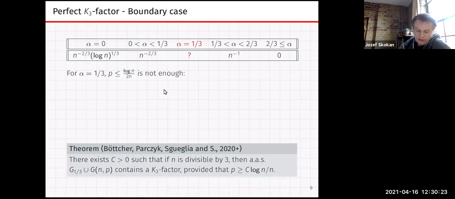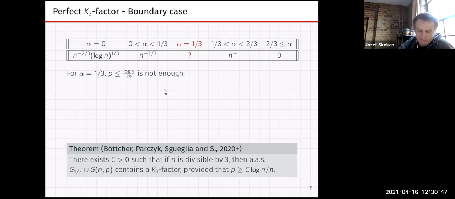So when you look at this table and you would like to determine this threshold for alpha equal to 1 over 3, then the first thing you observe is that a small constant times log n over n is not enough. So what do you do here?